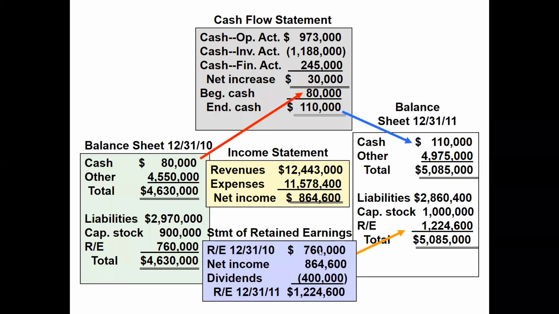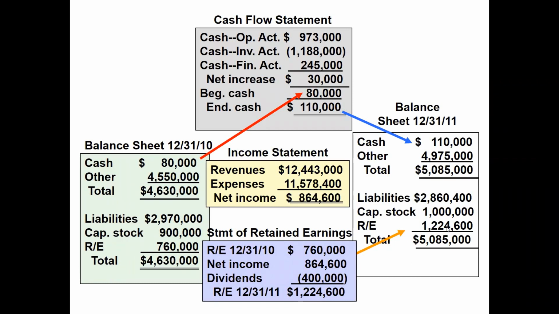That is the beginning retained earnings. And then the net income, which when we performed our income statement, the yellow box, we had 864,600. That is the net income.